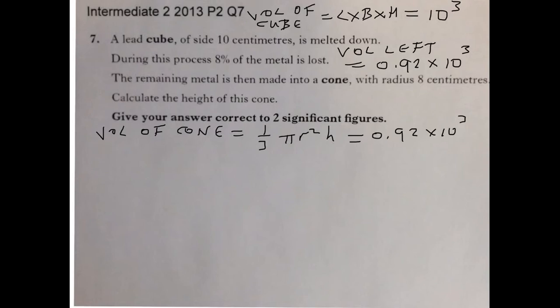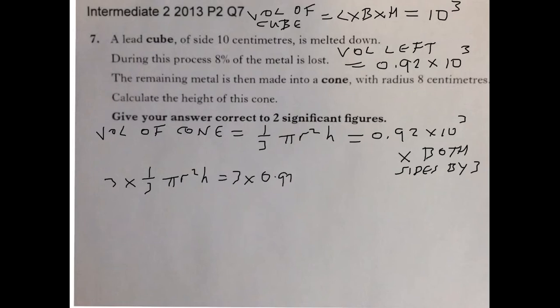To find the height of the cone, we need to rearrange this formula. So how can we simplify it? How can we get rid of this third, for example? Well, we times both sides by 3. So we have 3 times a third pi r squared h equals 3 times 0.92 times 10 to the 3.